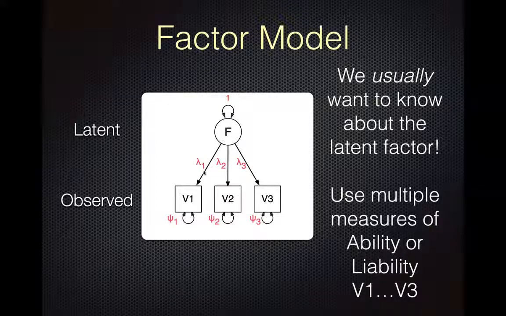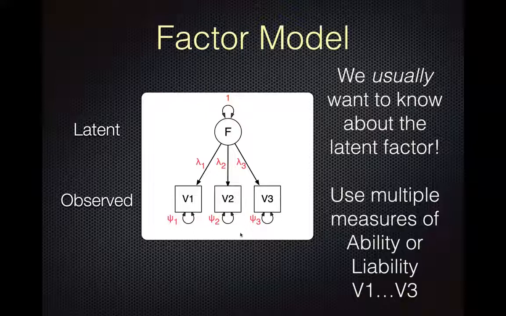And the degree of causation coming from this latent factor is estimated by a regression coefficient, in this case, lambda 1 for the regression of V1 on the factor, lambda 2 for the regression of V2 on the factor, and so on.